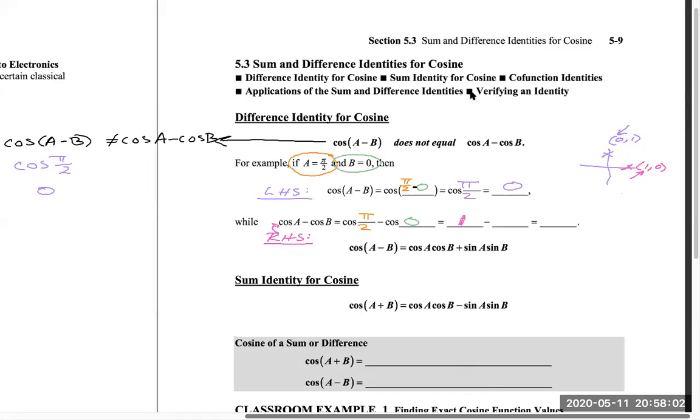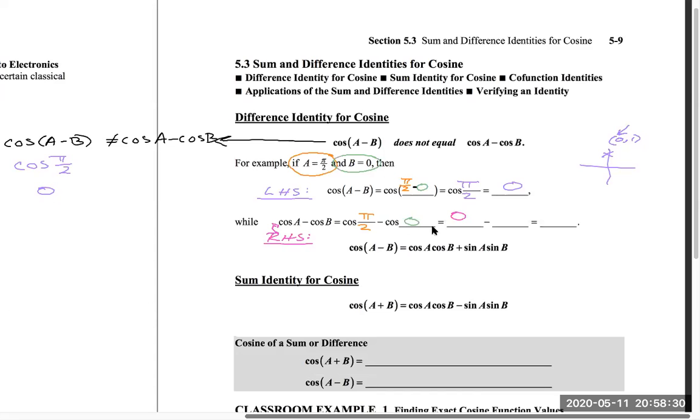Let me go back a little bit. My mistake is here because we just wrote it differently here. So let me go back to this step here. So cosine of pi over 2, be careful. It should be 0, which we just found out from here.